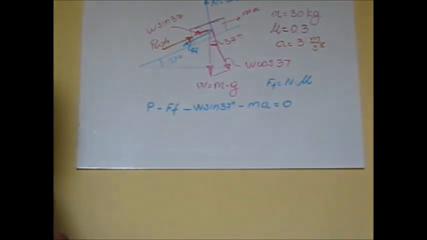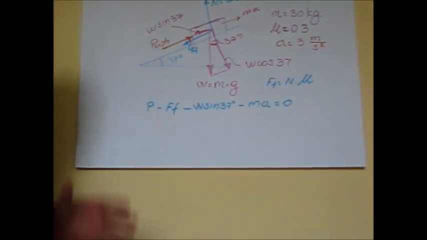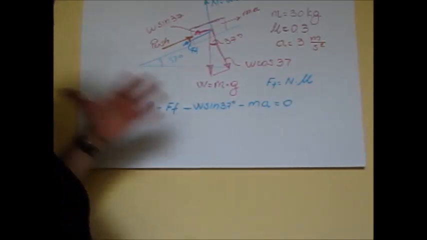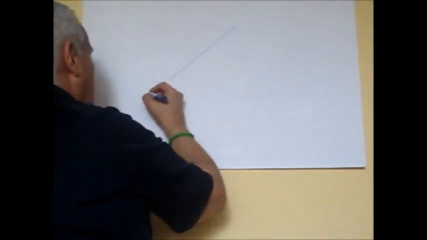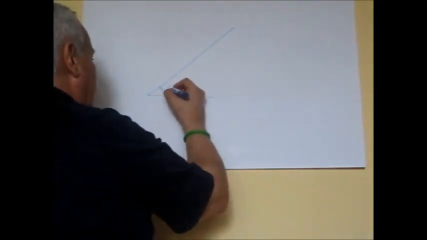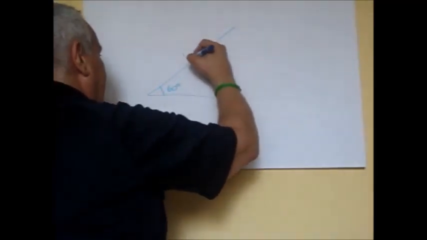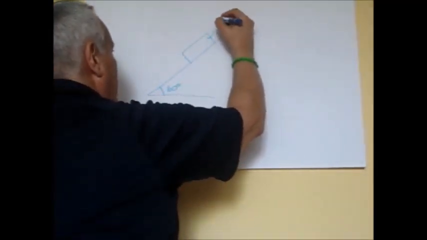This is an equation of statics in which the only thing I don't know is the push force. Now Mohammed was given a platform. I think the angle was 60 degrees, and the weight was 3,000 pounds.